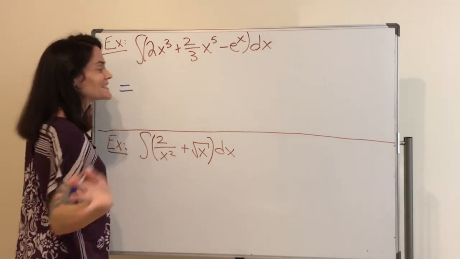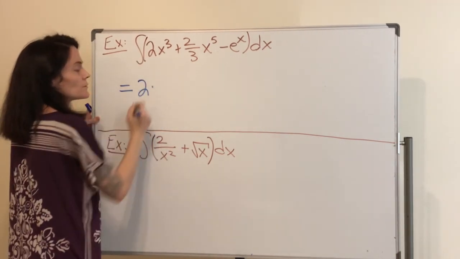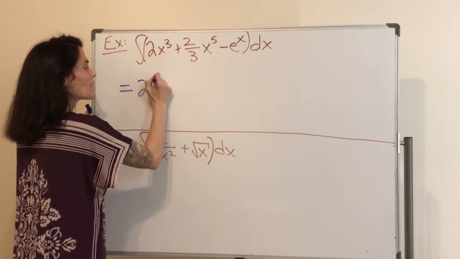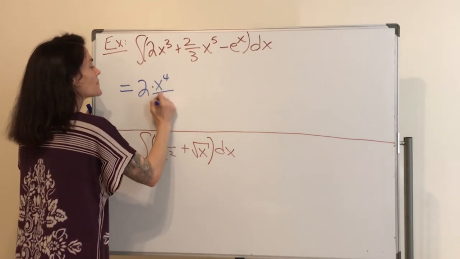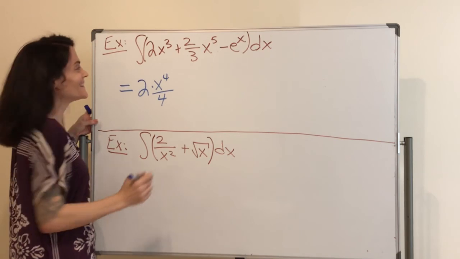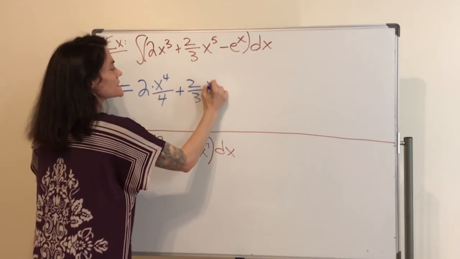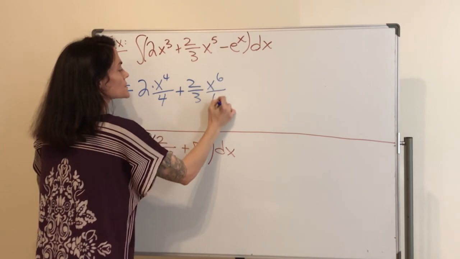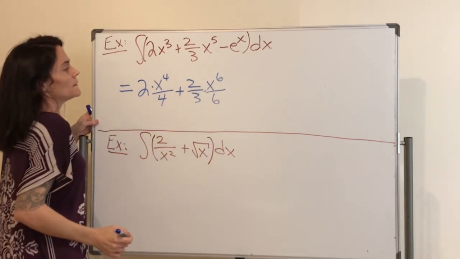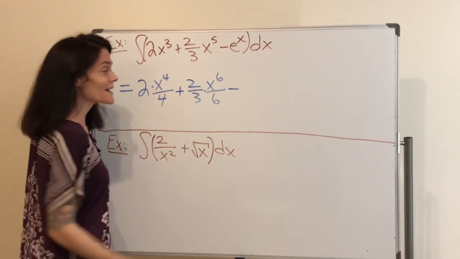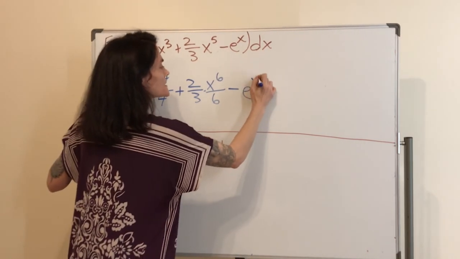Well, term by term, we write down the 2. And then this is x to the 3rd power. We add a power, divide by the higher power. Then we put a plus, write down the 2/3. This is x to the 6th over 6. And then we put a minus, and then we integrate e to the x.